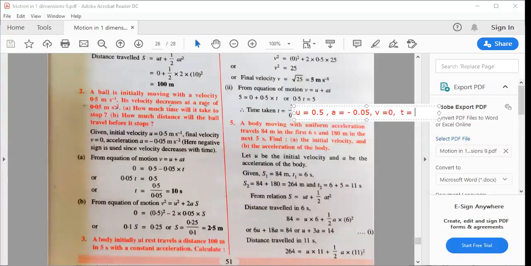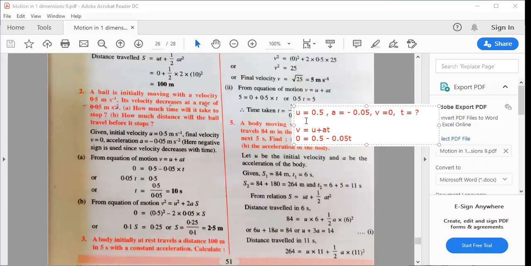They are asking you to find t. So we can actually directly apply this formula. v is equal to u plus at. Here v is 0, so 0 is equal to 0.5, and the acceleration is minus, so minus 0.05 t.